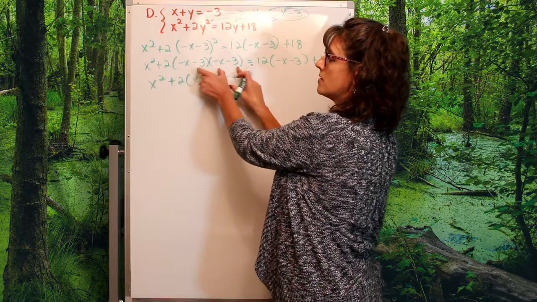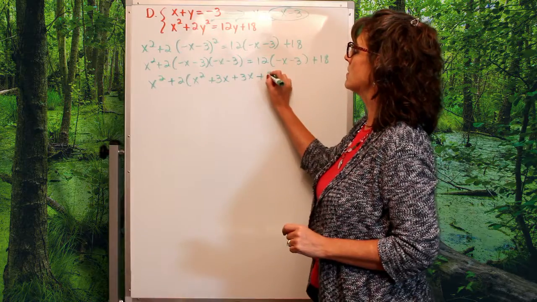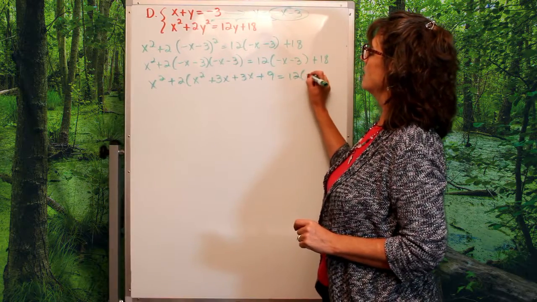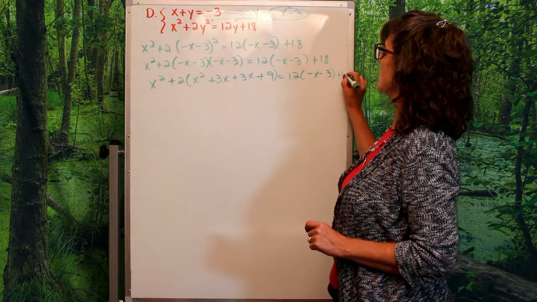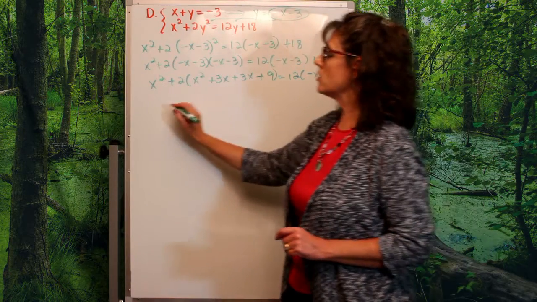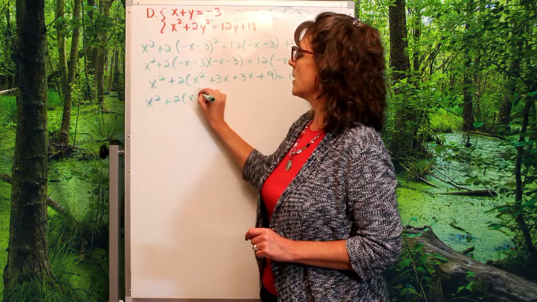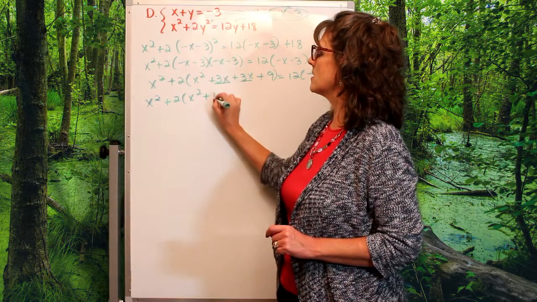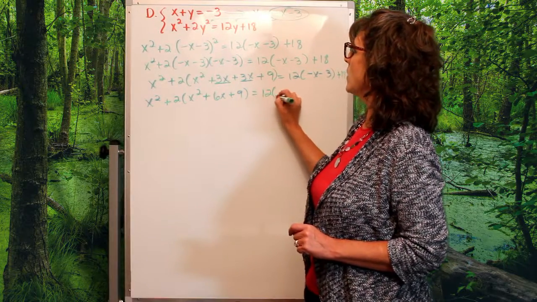Outside I get a 3x, inside I get a 3x, and in the back, negative 3 times negative 3 is going to be a positive 9. And now I am ready to combine up my like terms here before I distribute the 2 through. So when I combine up my like terms here and here, I get a 6x. And now I'm ready to distribute.